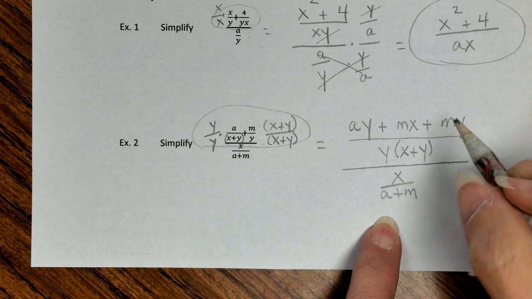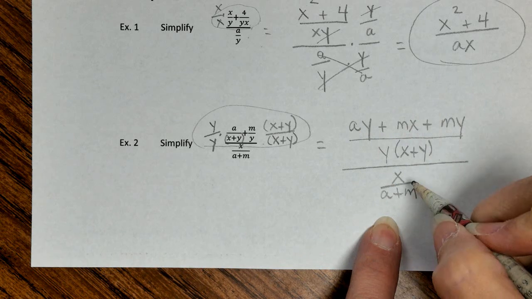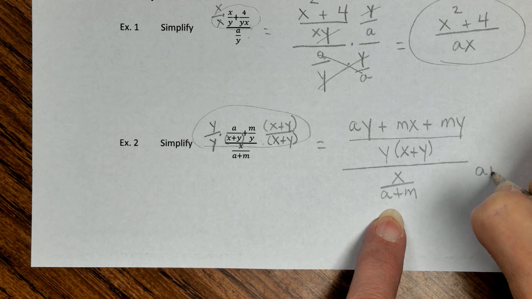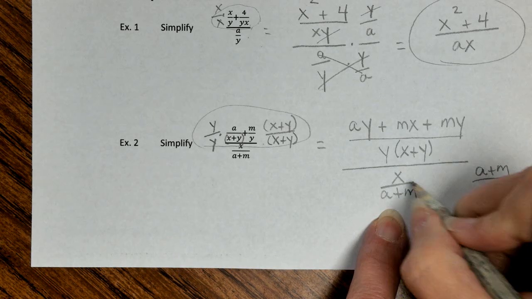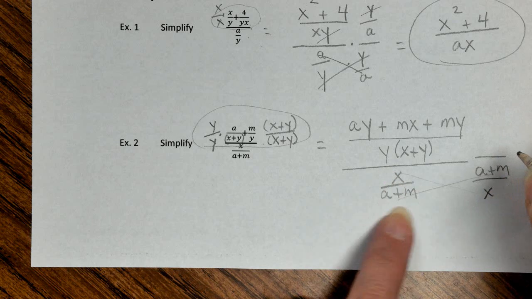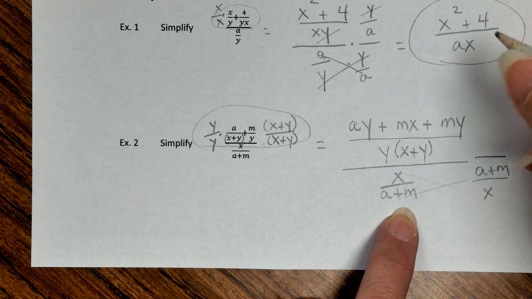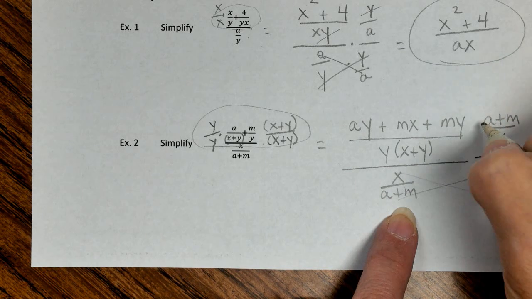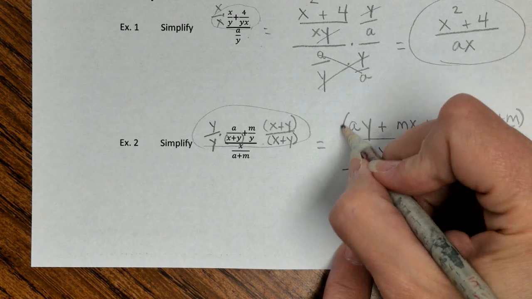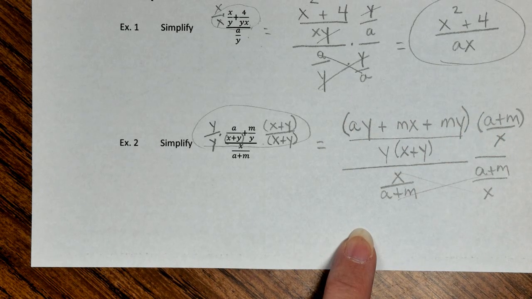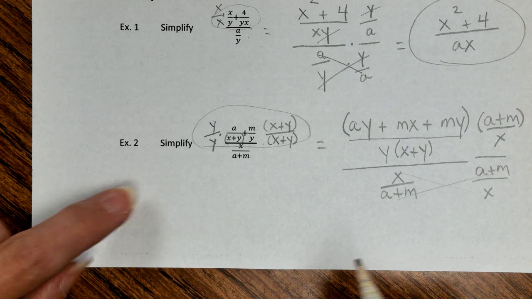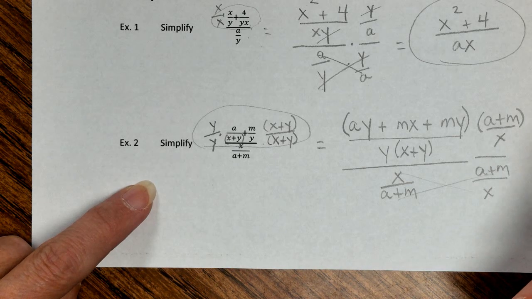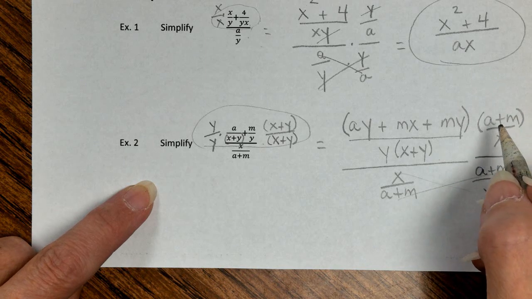Now we multiply the top fraction by the reciprocal of the bottom, because that's what we do to the bottom to make that cancel. Whatever we do to the denominator of our complex fraction, we must do to the numerator. I should write these things in parentheses. Now we have a lot of things to multiply.